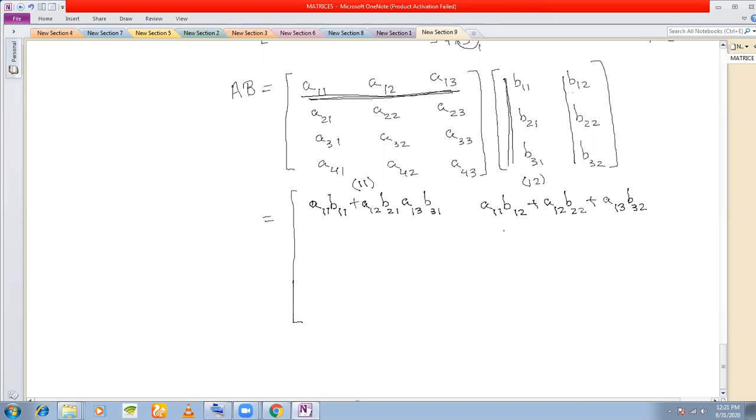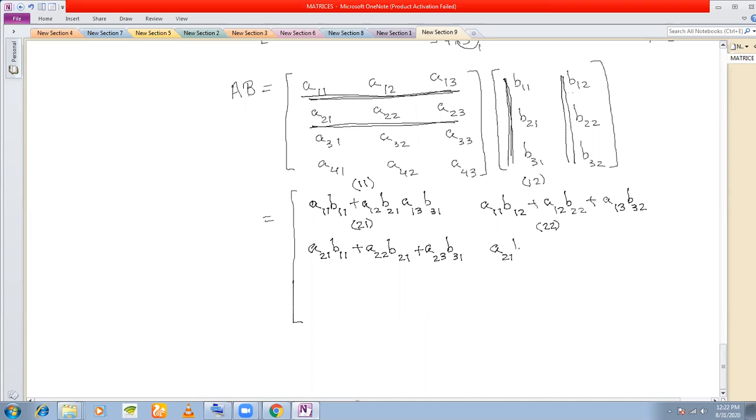Next we multiply the second row with the first column to get the second row first column element: A21 B11 plus A22 B21 plus A23 B31. Next we multiply the second row with the second column to get the second row second column element.